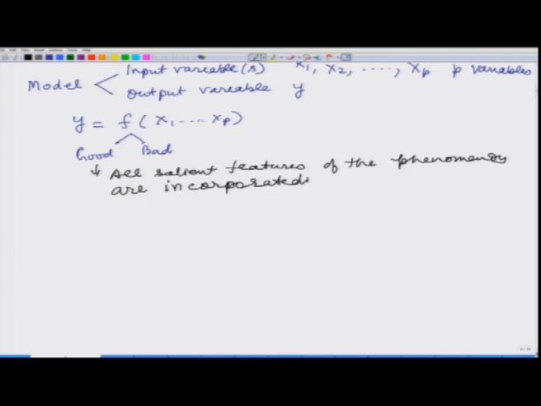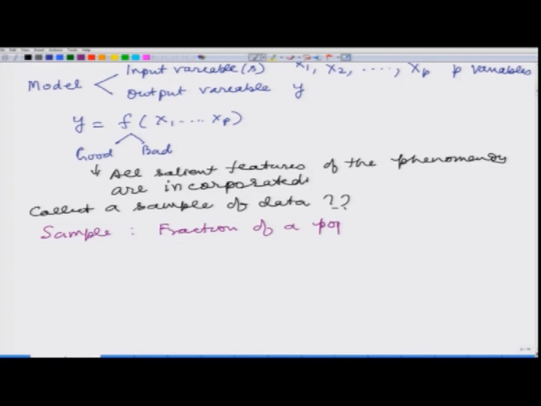So, for that we try to collect a sample of data. Right. How do you say what is a sample? That is the basic question. You see, a sample is nothing but a fraction of a population, a small fraction of the population. But this needs to have one very important characteristic, that we assume that the sample is a representative sample.